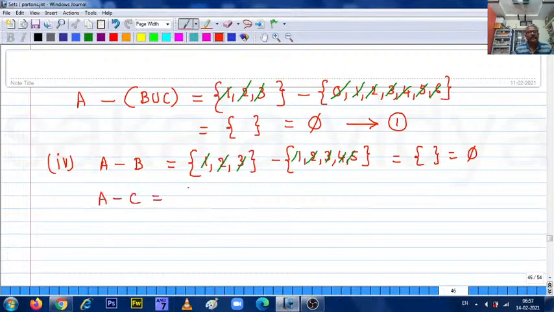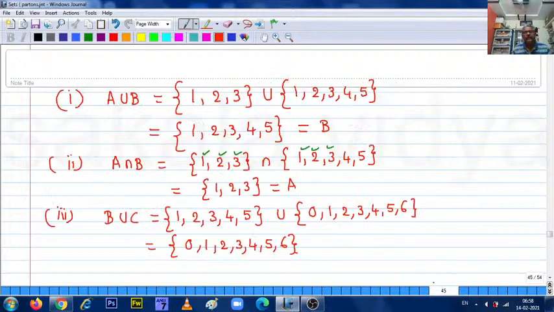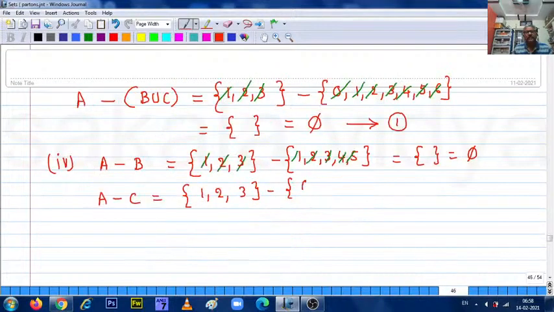A is 1, 2, 3, minus set C. Set C is 0, 1, 2, 3, 4, 5, 6. So 1, 2, 3 cancel, and even 0, 4, 5, 6 are cancelled. This is phi.